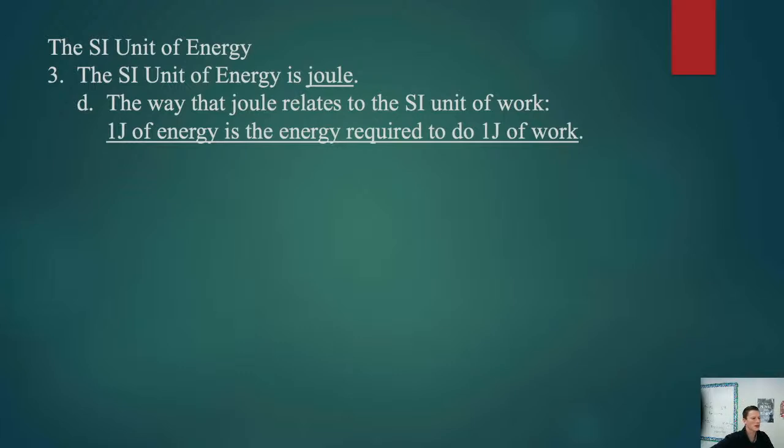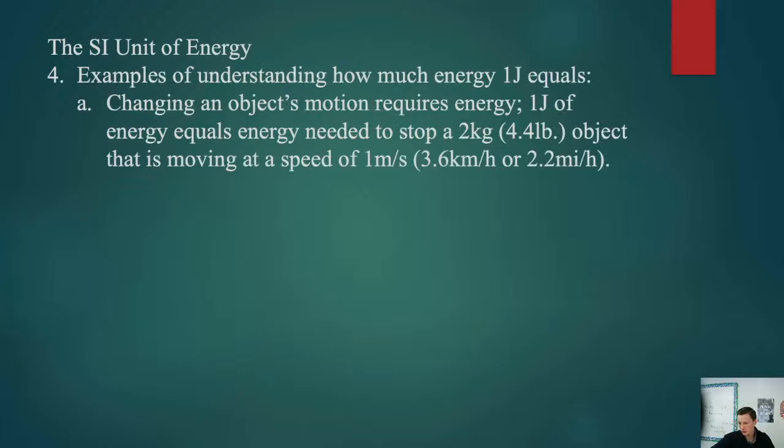So what are some examples of this? Let's get some examples of understanding how much energy 1 joule equals. Letter A. Changing an object's motion requires energy. 1 joule of energy equals the energy needed to stop a 2 kilogram, or 4.4 pounds, object that is moving at the speed of 1 meter per second, or 3.6 kilometers an hour, or 2.2 miles an hour.